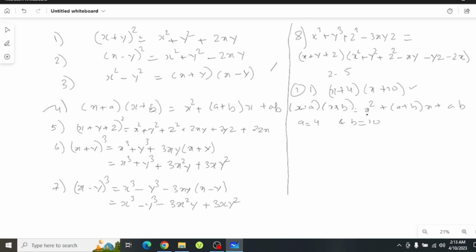Now you just have to place the values of a and b in this solution. So (x + 4)(x + 10) will become x² + (4 + 10)x + 4 × 10. The answer will be x² + 14x + 40. Okay, so this is our solution.